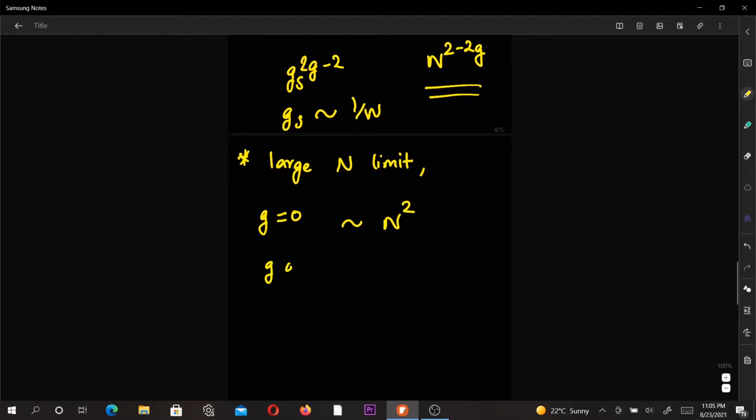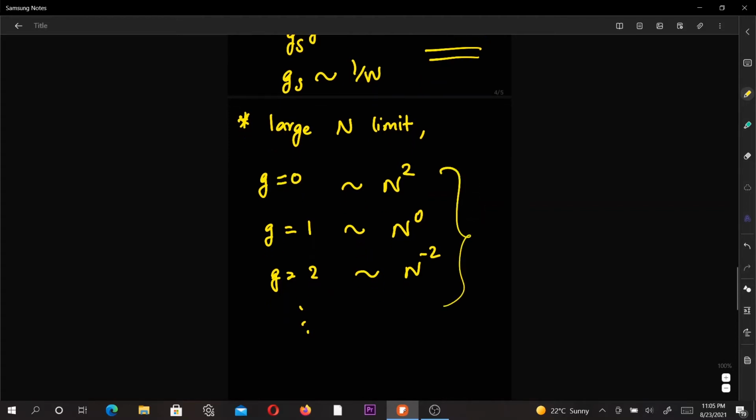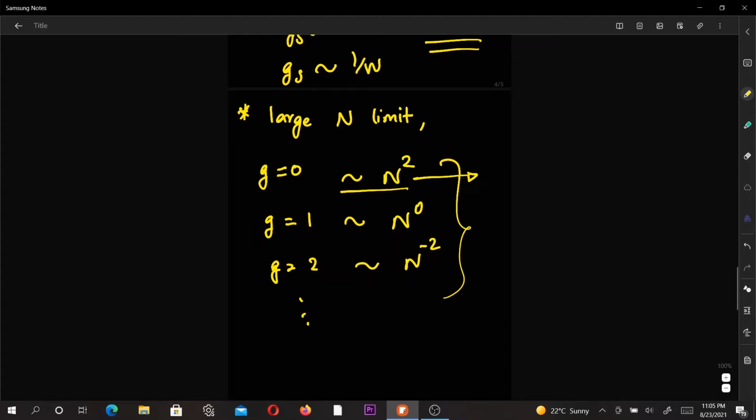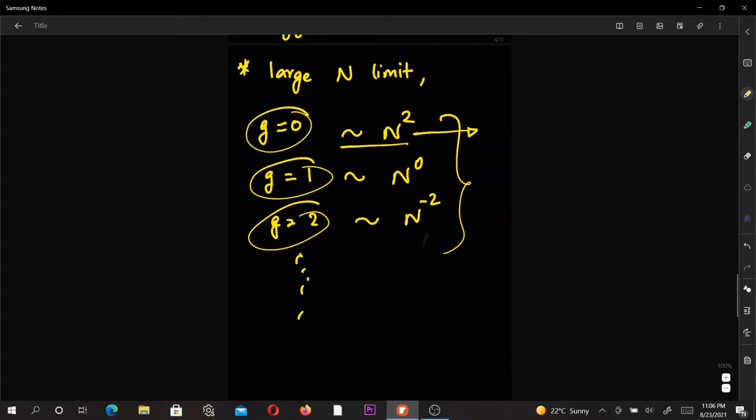For genus 1, our quantity goes as N to the power 0, and for genus 2, it goes as N to the minus 2, and so on, the powers are just negative powers of N. So if you take the large N limit, the leading contribution comes from the genus 0 case, because the N squared contribution will dominate over genus 1, genus 2, and any genus you take.